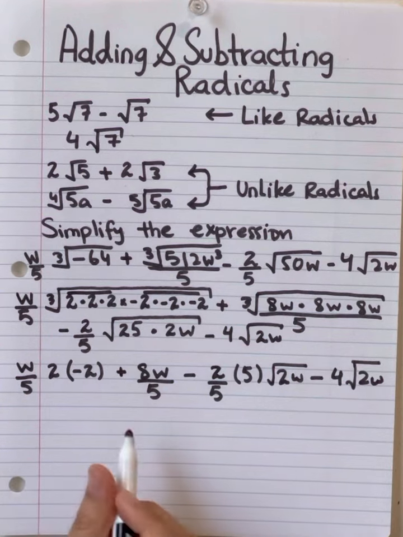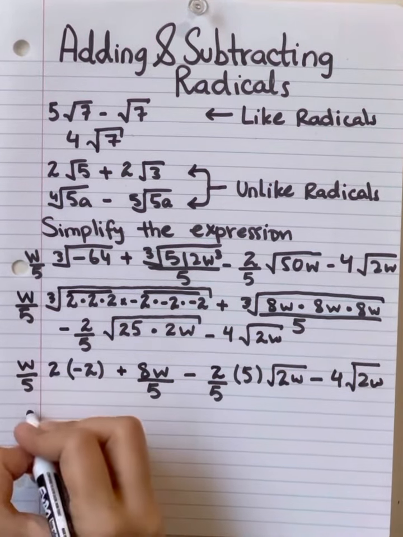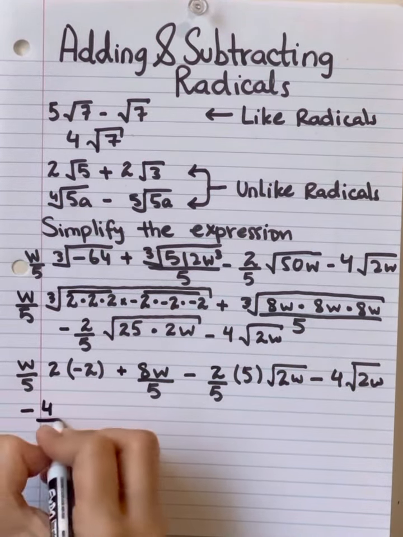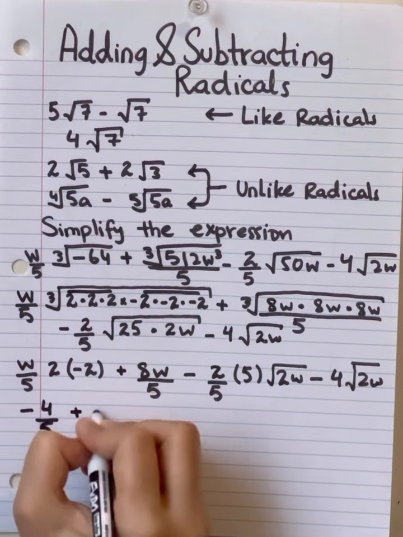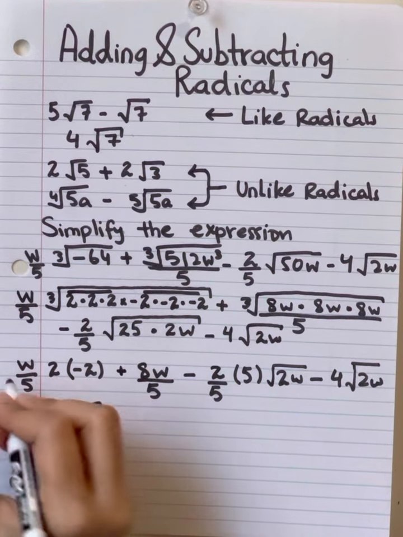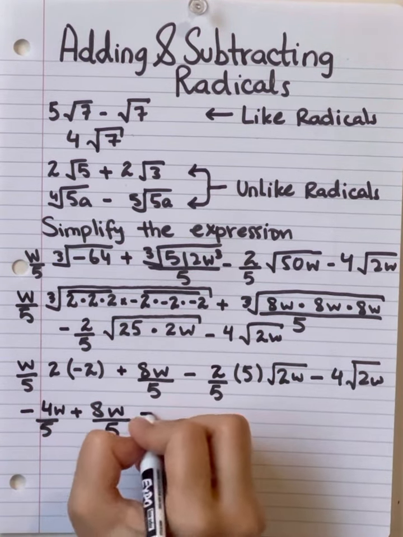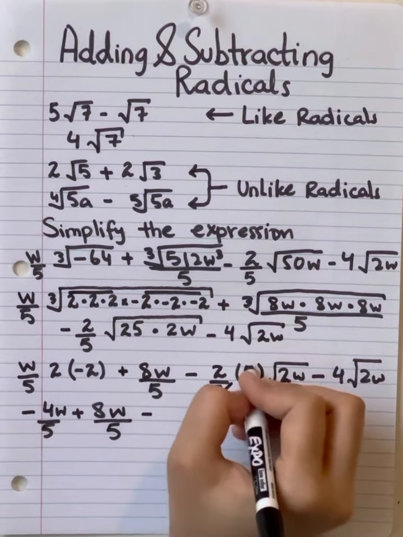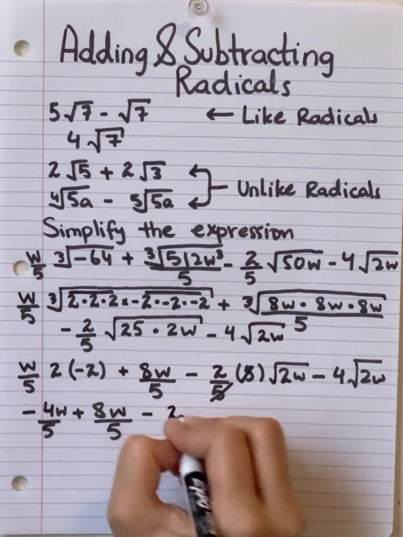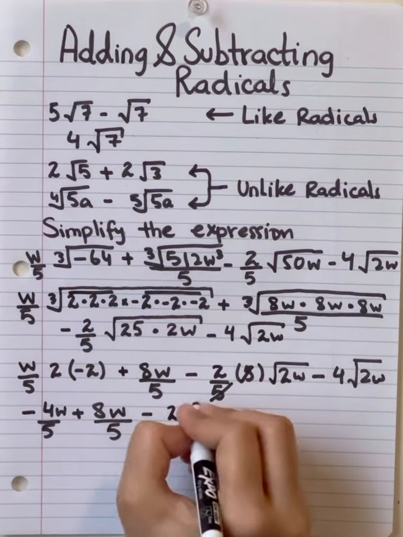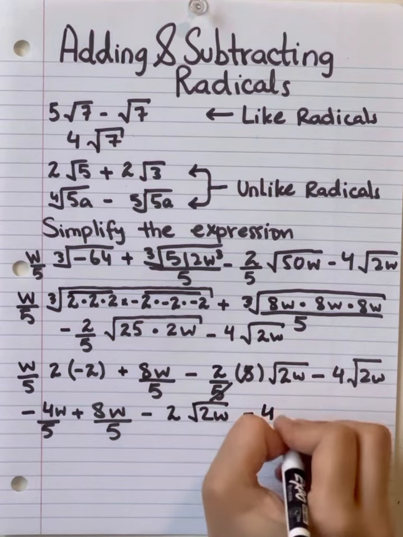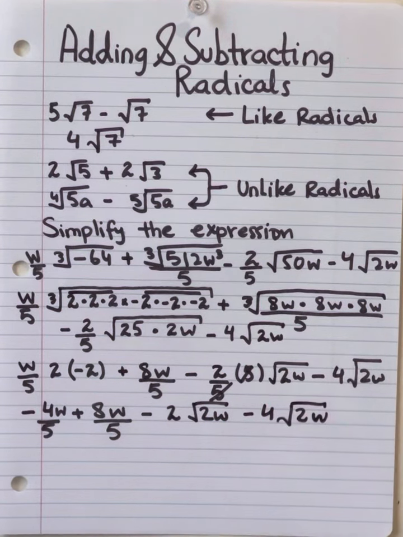Now simplify. Minus 4 divided by 5 plus 8w divided by 5, and the 5 actually gets cancelled. So we have 2 square root 2w minus 4 square root 2w.